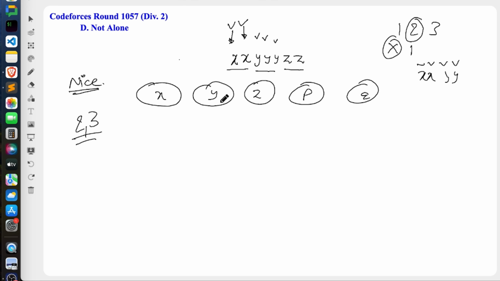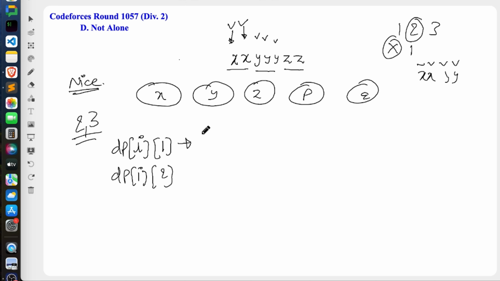So once you do that, this problem is easy now. It is converted into a DP problem. So now we will use a 2D DP. So DP of I, 1, and DP of I, 2.